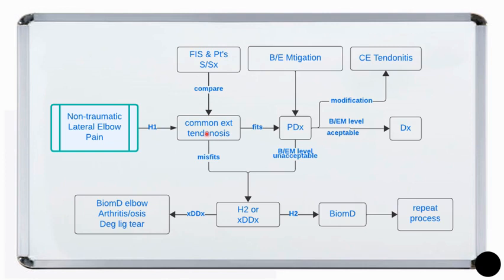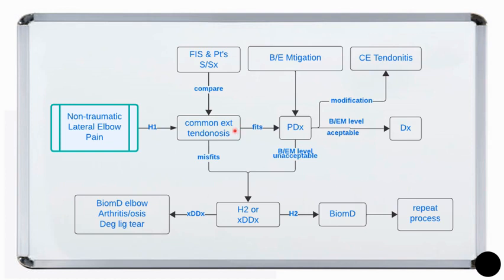So if they compare well and it fits, we have a provisional diagnosis where we use bias and error mitigation, which is mostly about differential diagnosis, with some other stuff. We'll talk more about that when we look at bias and error correction, but it's mostly differential diagnosis. And that increased look may end up modifying this diagnosis, so it's no longer a tendinosis, but it becomes a tendinitis.